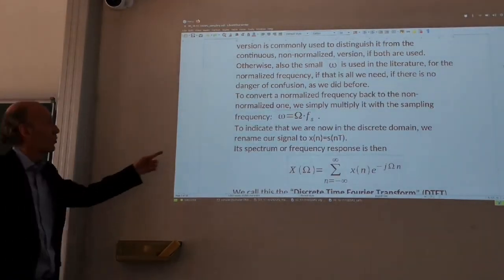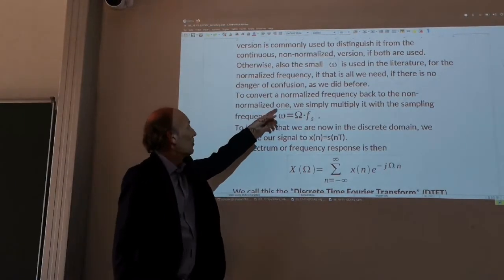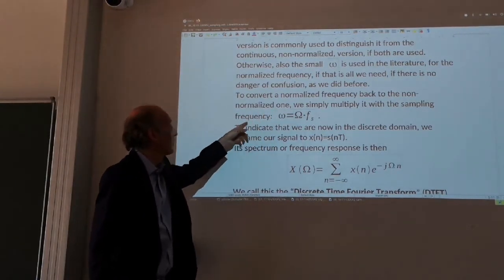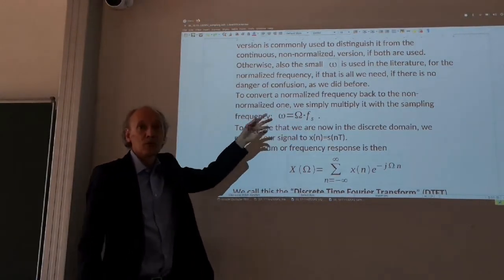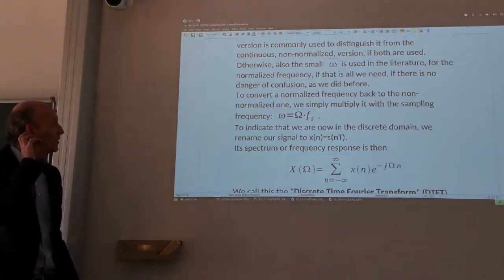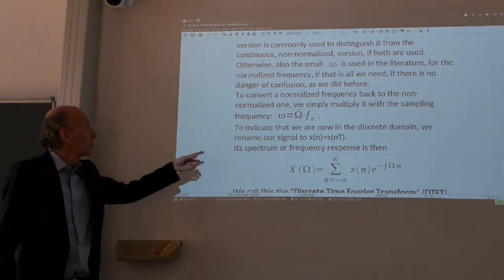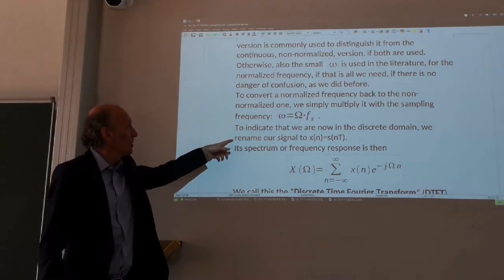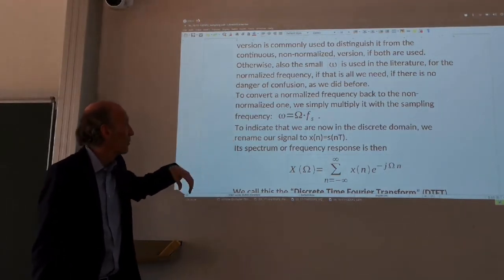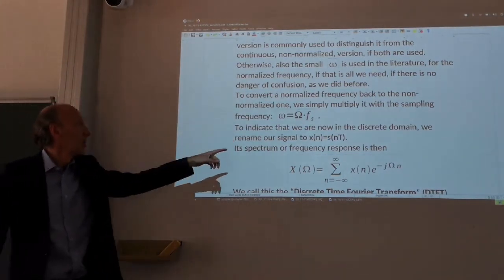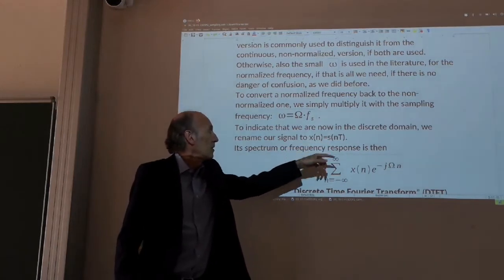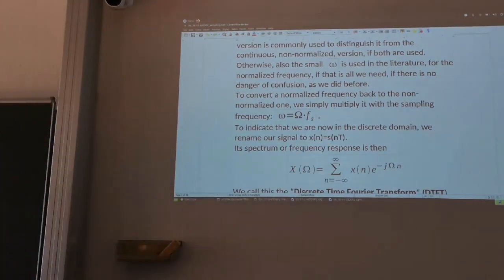Yeah, to convert the normalized frequency back to the non-normalized one, we simply multiply it with the sampling frequency. Okay, so going back and forth is quite easy. And to indicate that we are now in the discrete time domain, we rename our signal s of nT as x of n.